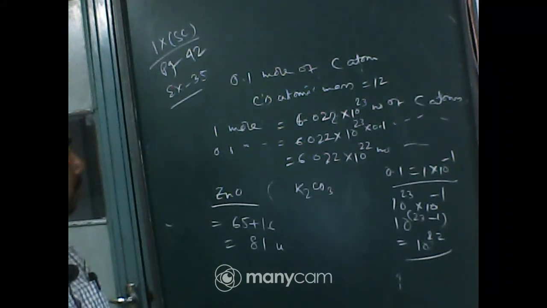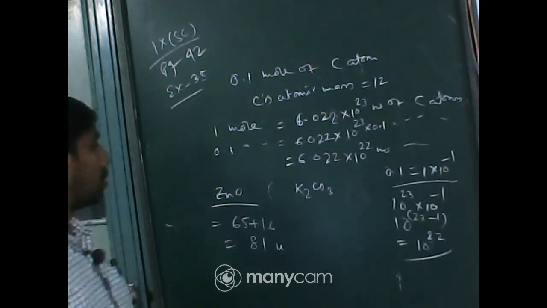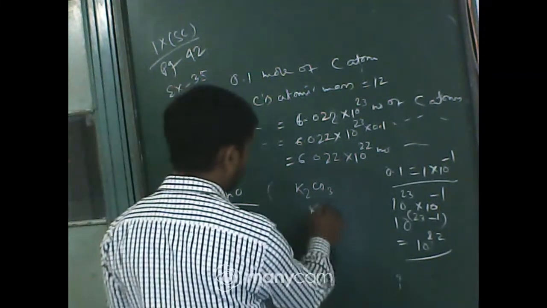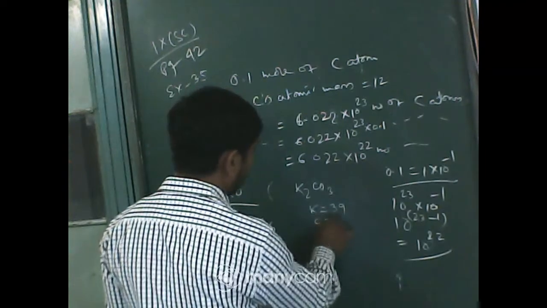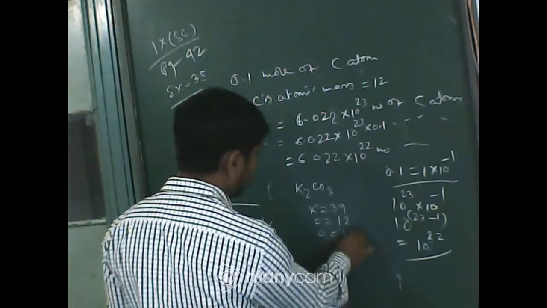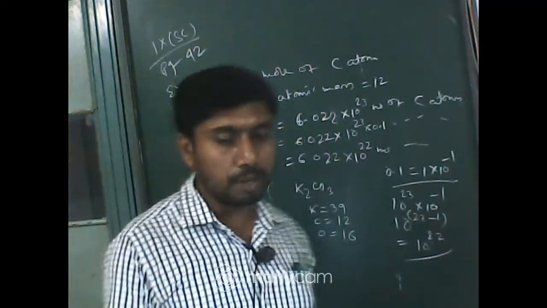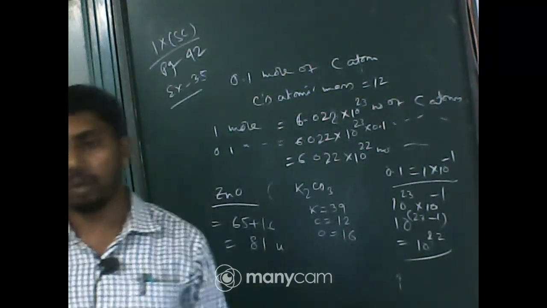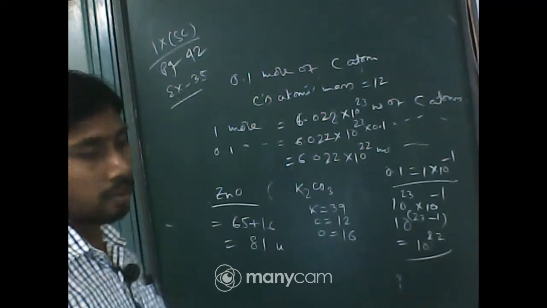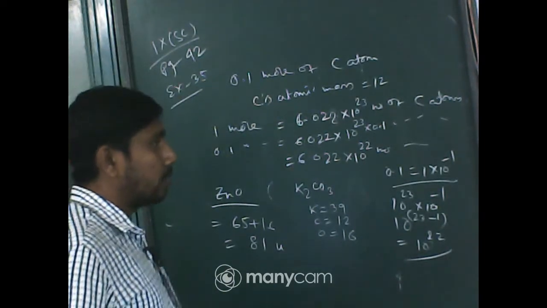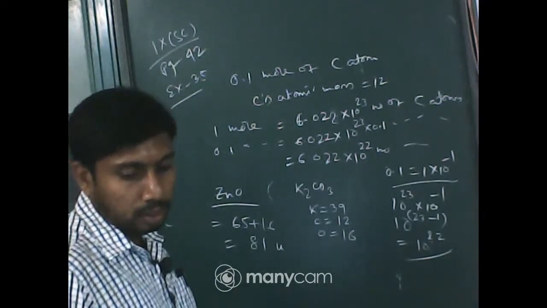Units is required. Potassium is 39, carbon 12, oxygen 16. But sometimes the units may be missing, so you have to remember this. You have to remember these units because these are very important and very basic.